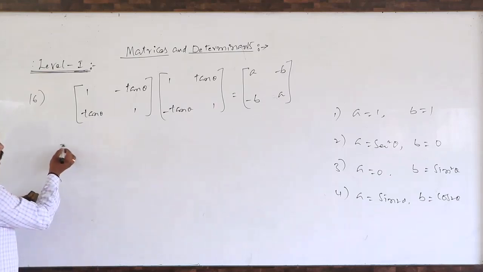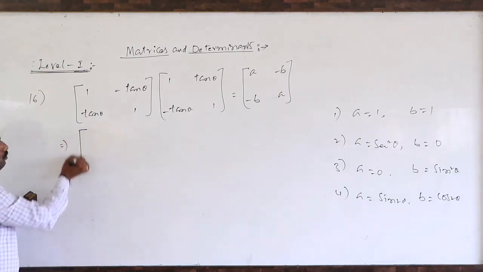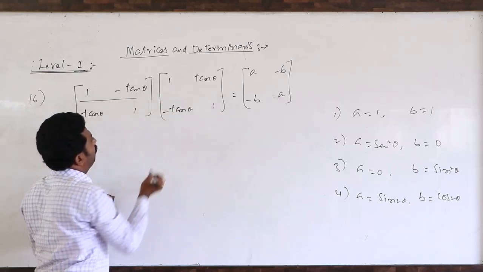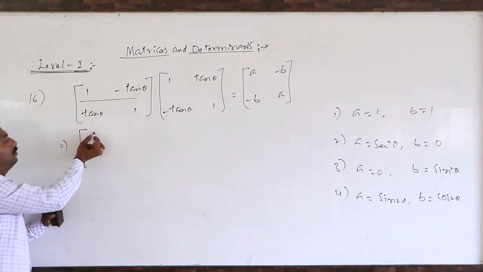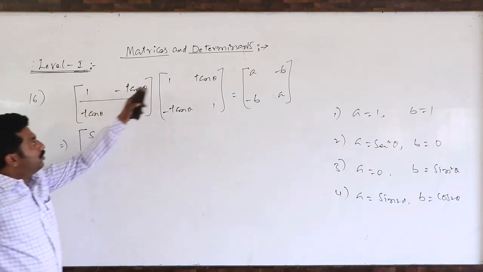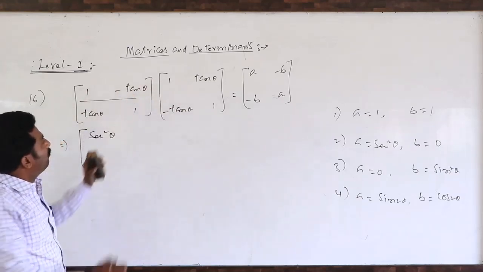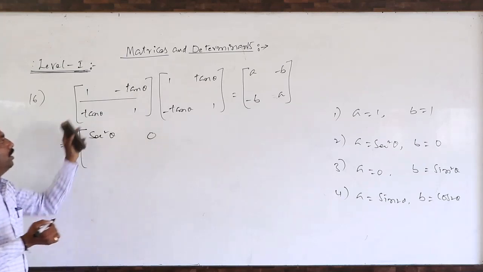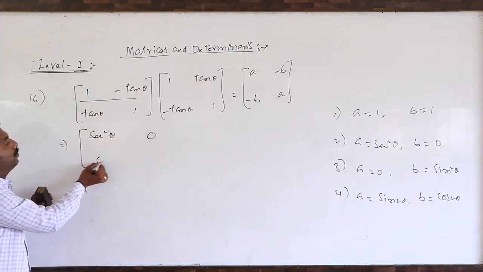Very clear. If we multiply these two, first row, first column means 1 plus tan square theta, nothing but secant square theta. First row, second column means tan theta minus tan theta, 0. Second row, first column means 0.